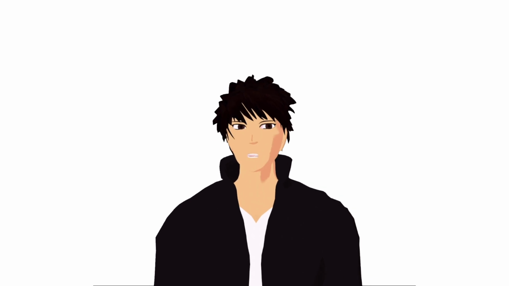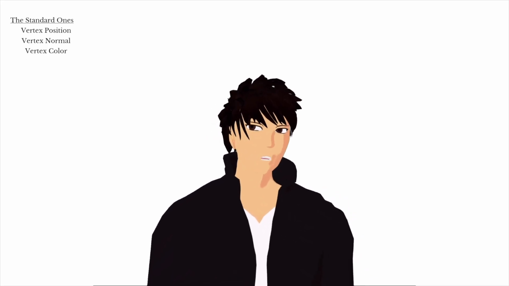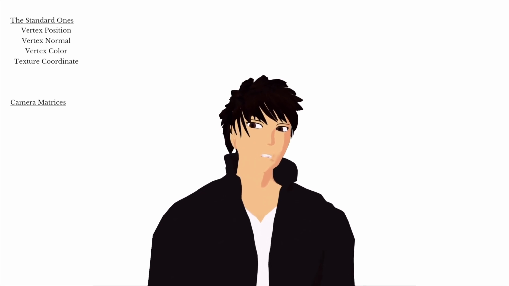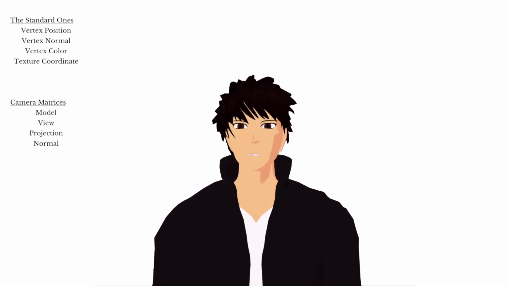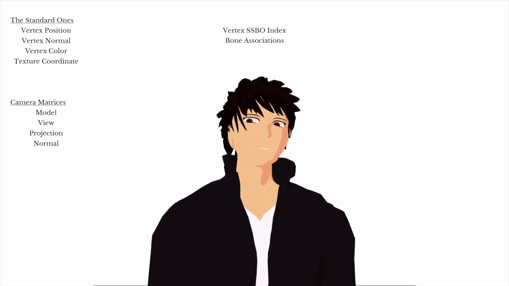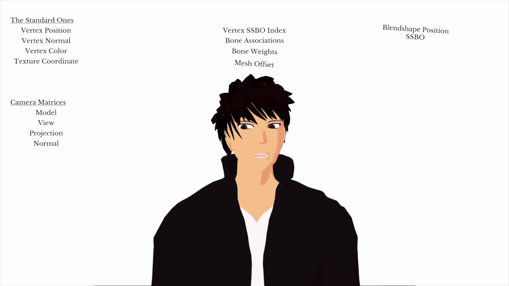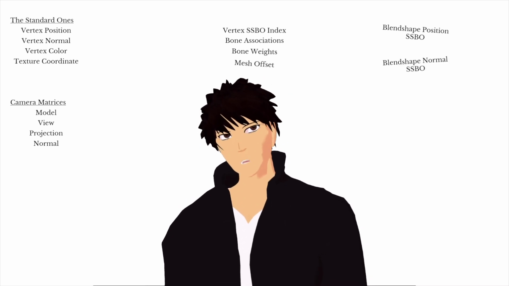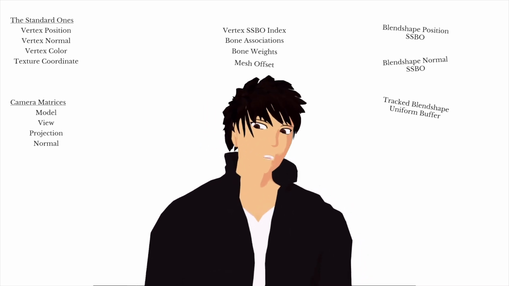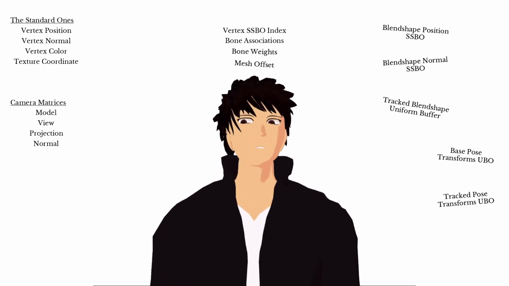So my vertex shader has the standard inputs: vertex position, texture coordinate, normal, color, the camera stuff, MVP, model view, normal matrices, as well as my custom buffer objects: vertex SSBO index, bone associations, bone weights, mesh offset, blend shape position SSBOs, blend shape normal SSBOs, the tracked blend shape uniform buffer, base pose transforms UBO, and the tracked pose transforms UBO.